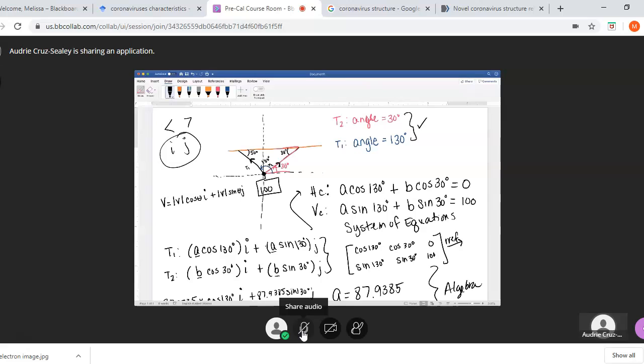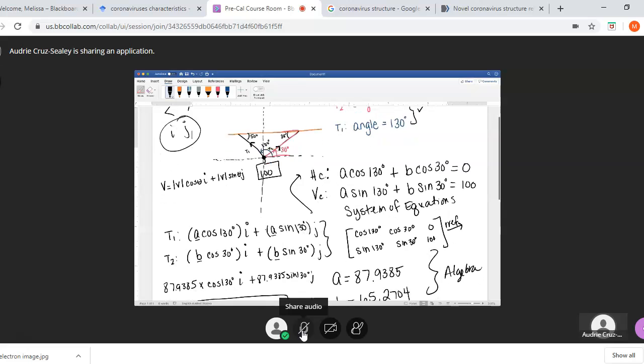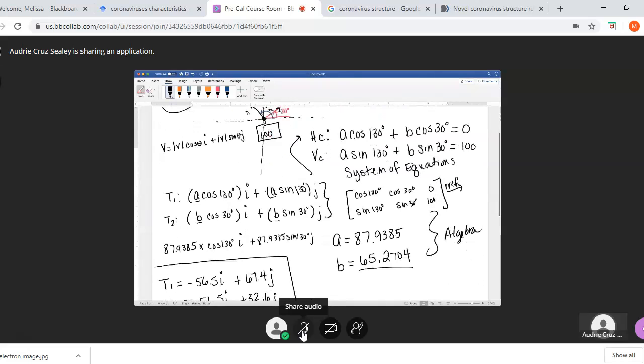And so then you're looking at this and you have these two variables with numbers in front of them. That's a system. It's a system of equations. So you learned how to solve systems of equations using the elimination method, substitution method, or matrices. You learned all three of those in college algebra. So I used matrices. Remember, with matrices, you just put the coefficients in. You don't put the letters in.